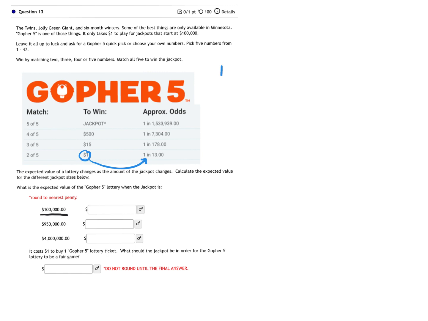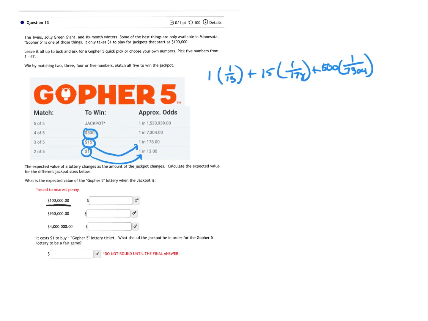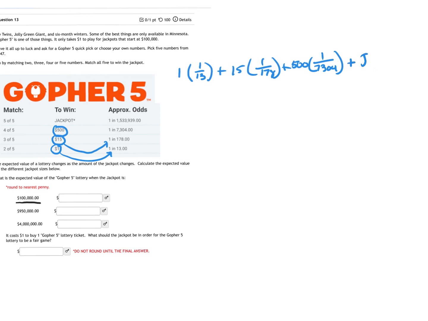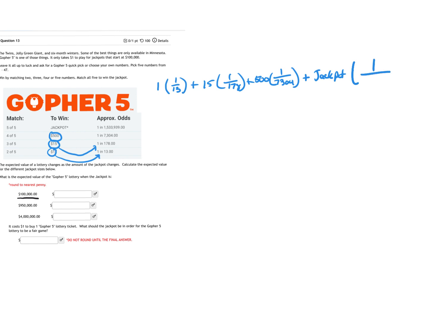So in the first one, it'll be $1 times the probability of winning $1, which is 1 over 13, plus the prize of $15 times the probability of winning that, which will be 15 times 1 over 178, plus $500 times the probability, which is 1 over 7,304, and then plus we have the jackpot times the probability of winning that jackpot, which is going to be 1 over 1,533,939.